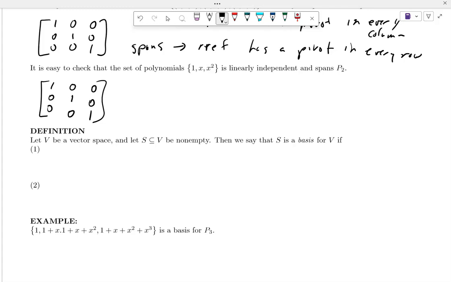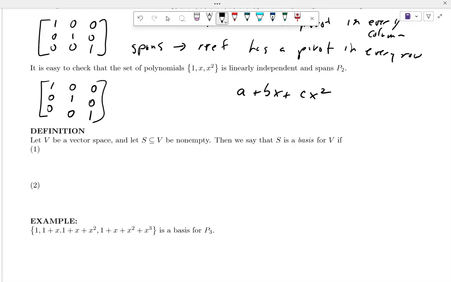And since it's linearly independent, it's unique. There's only one way to do it. Doing a plus bx plus cx squared gives you a unique second degree or less polynomial.